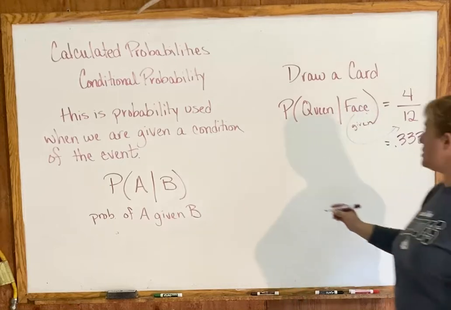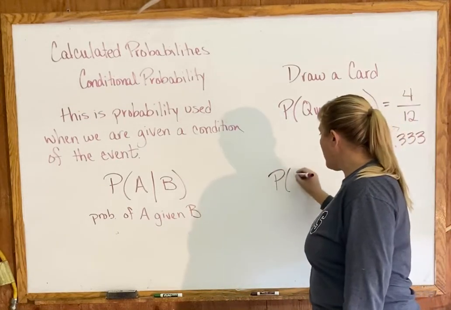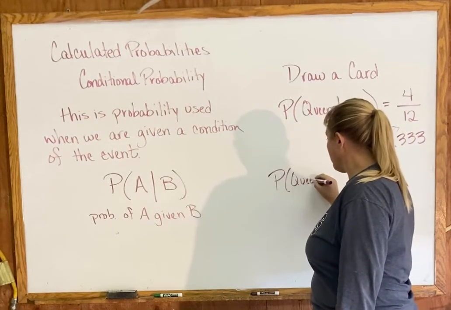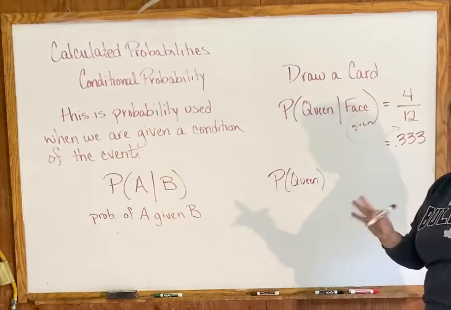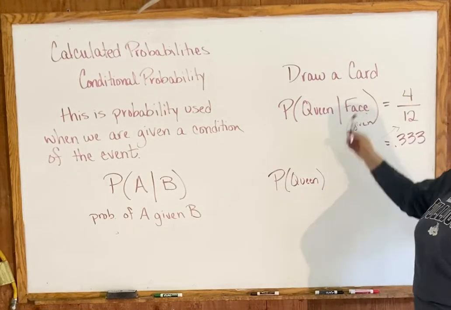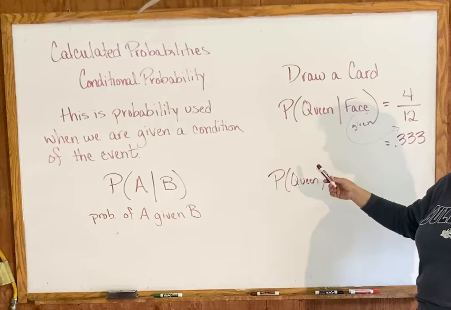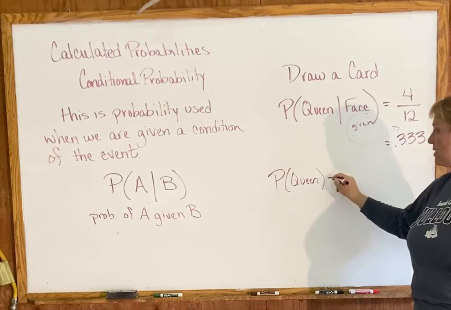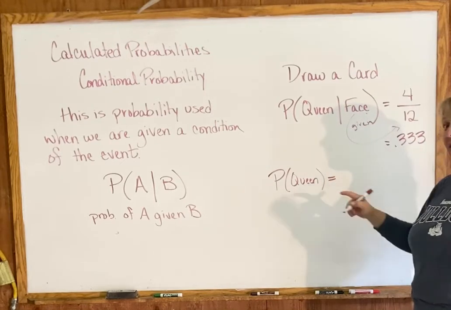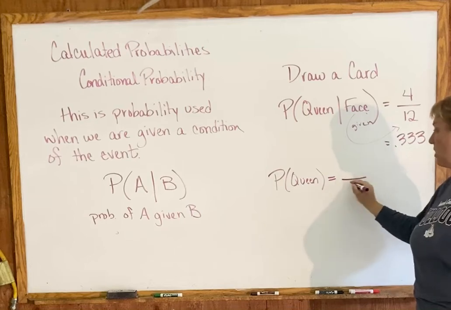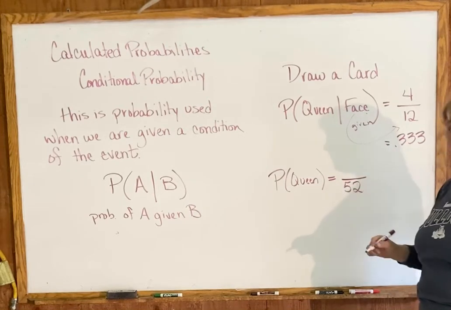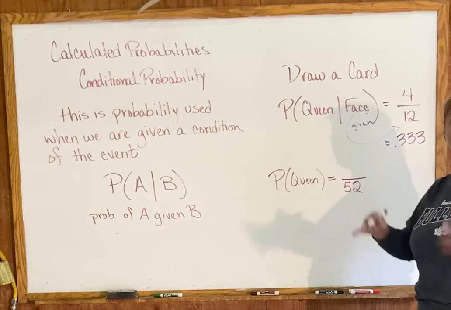Now, let's just say that I asked you to find the probability of getting a queen. Okay, so still drawing a single card, new deck, fresh problem. Now, no given on this one, okay? No given, and since there's no given, that means that we're interested in the whole deck, which means our denominator is 52. Okay. How many queens are in the whole deck? 4.